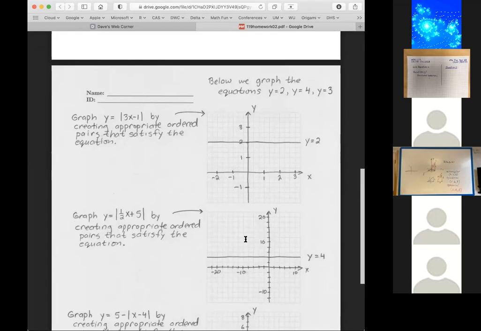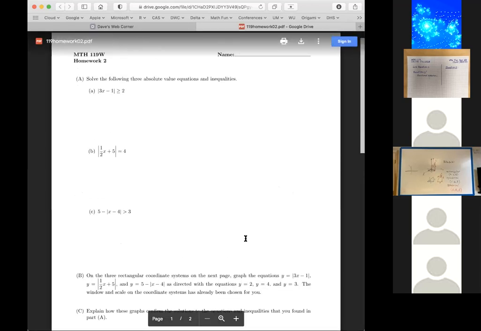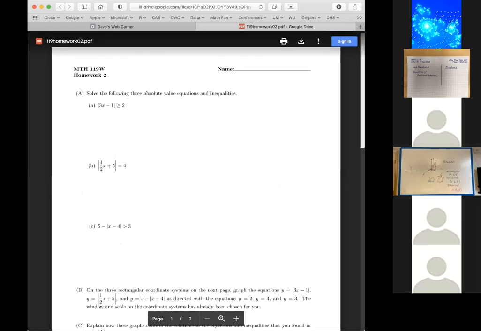Describe what you see in the graph and describe how that matches the answer that you got to the algebra equation. Because remember, I'm always saying to you, graphing is solving. In a way, graphing is solving.